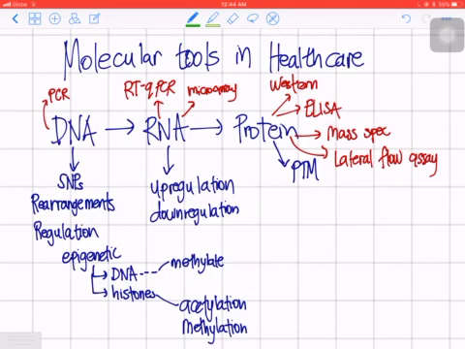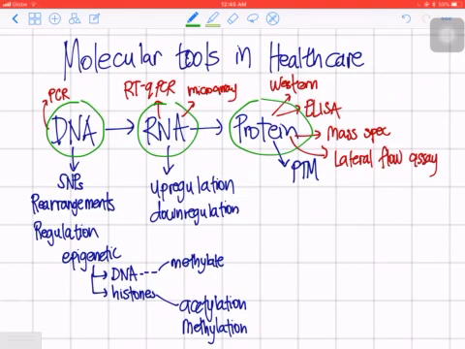Now, the most important thing to remember here is that you have the central dogma, right? That's from DNA to RNA to protein. So, this is the flow of information in biology, and at each level, you can have different pathologies that will lead to clinical manifestations.